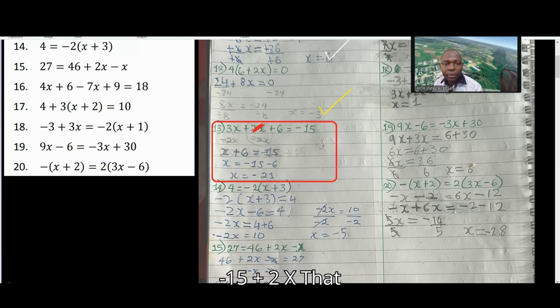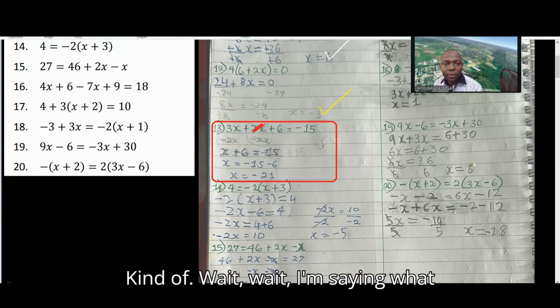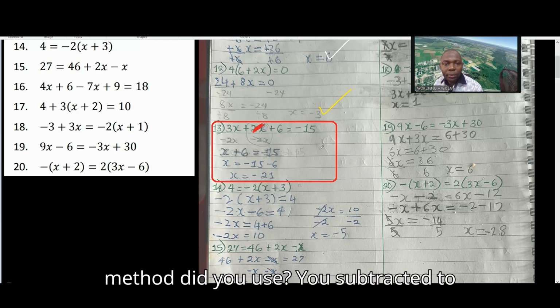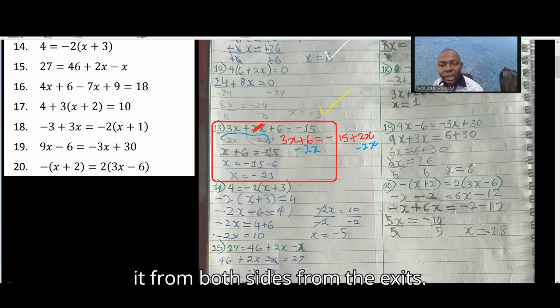That is when you can firstly subtract 2x from both sides, okay? Are you getting what I'm trying to tell you? Kind of. I'm saying, what method did you use? You subtracted 2x from both sides, from the x's, yes or no?